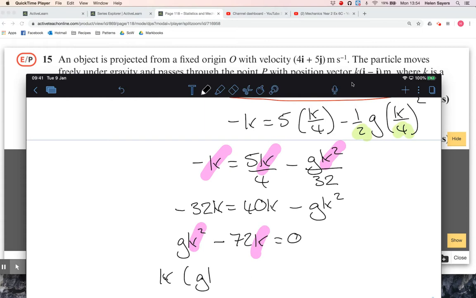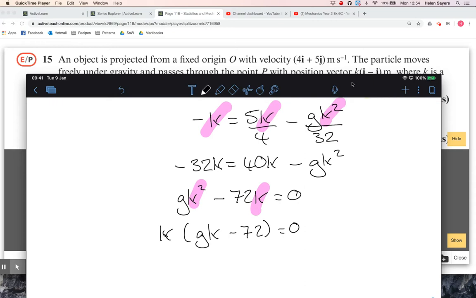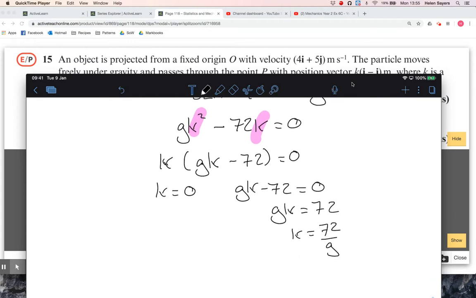So that'll become k times gk minus 72. So either k is 0 or those brackets equal 0, which would mean that gk was 72. So k is 72 over g.